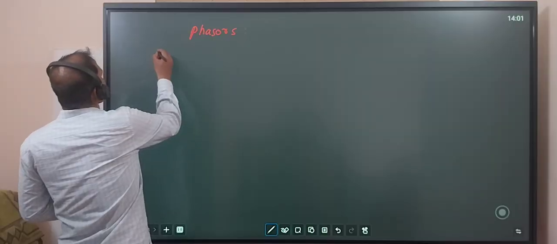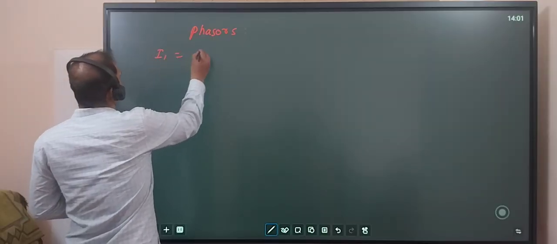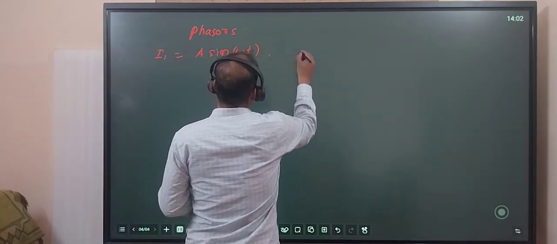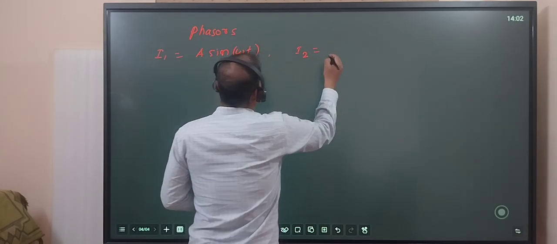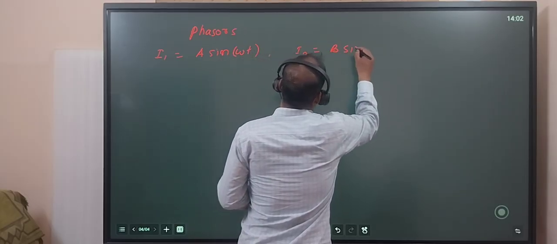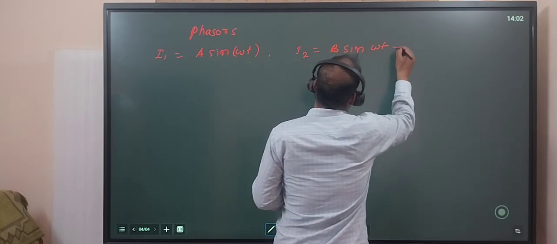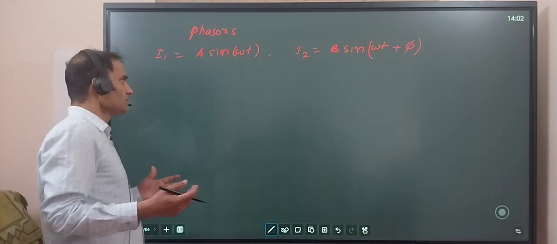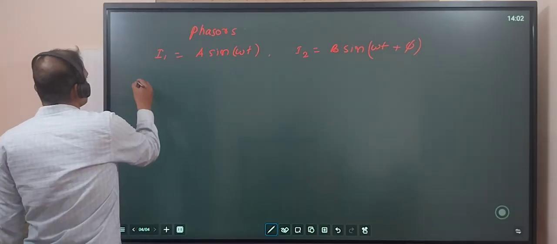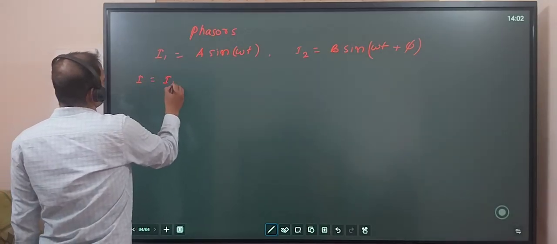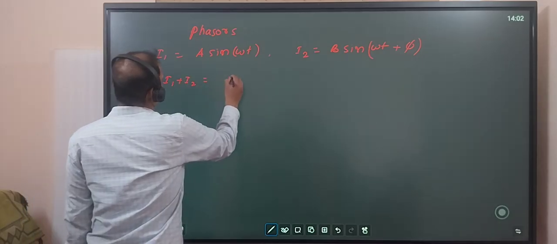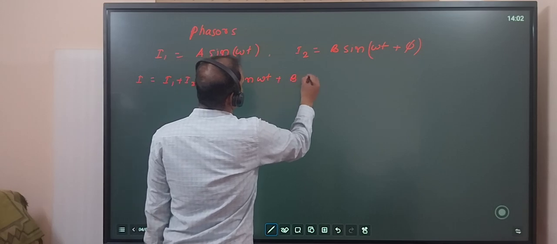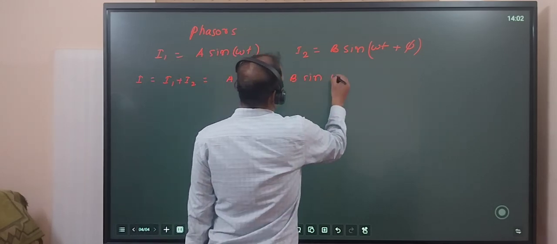So let us say one current is a sin omega t, and the other current is b sin(omega t plus phi), where phi is the initial phase angle. What will be the total current? Total current will be a sin omega t plus b sin(omega t plus phi).